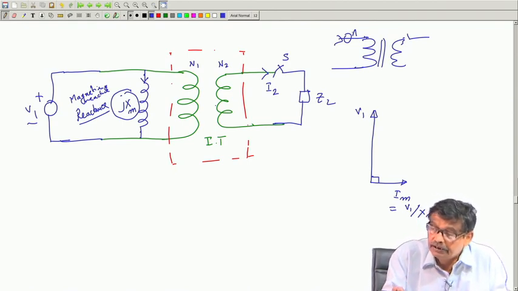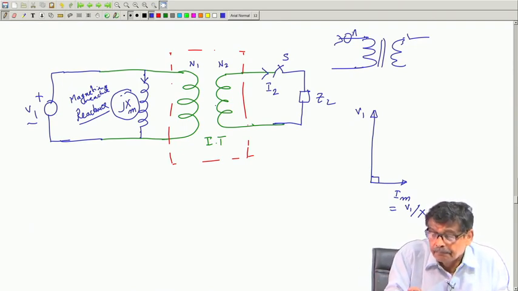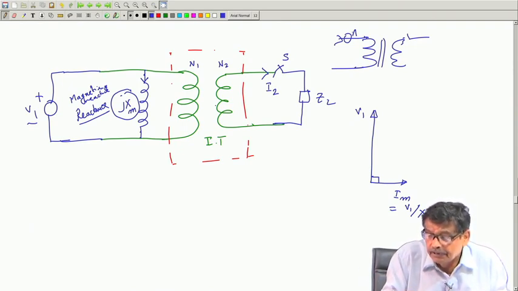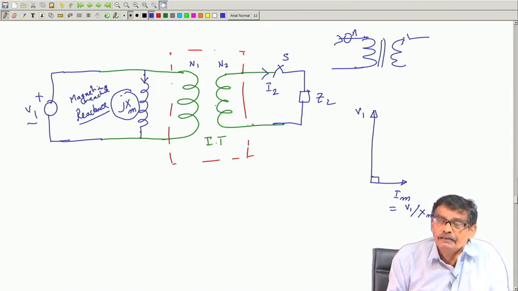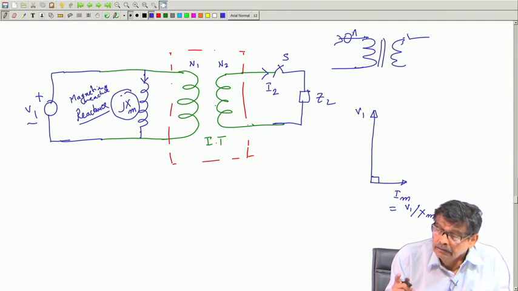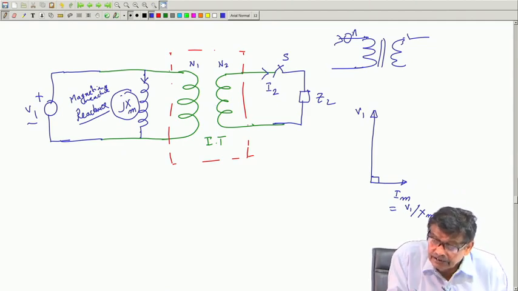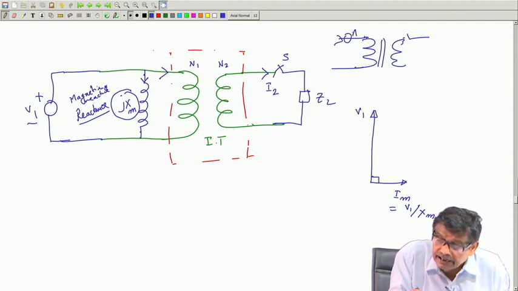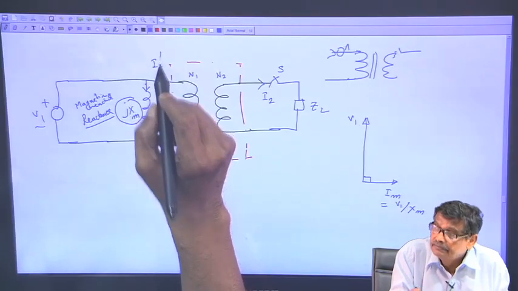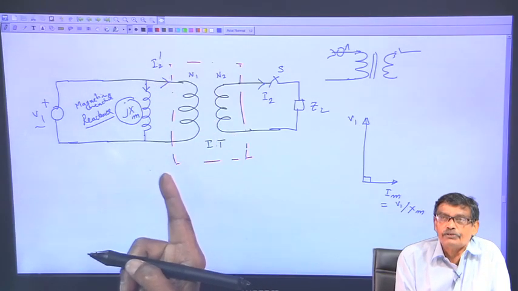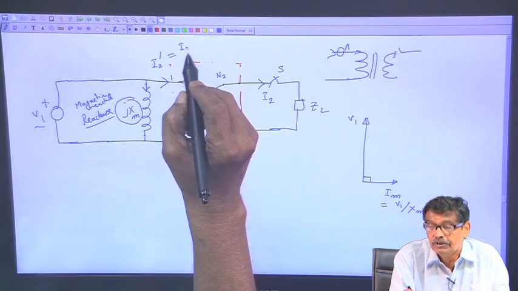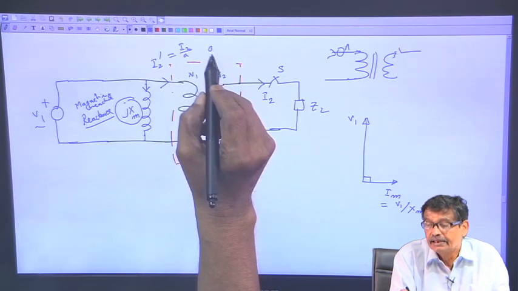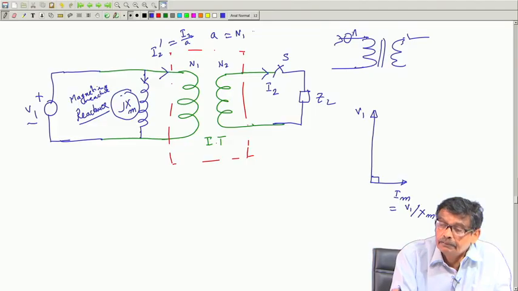And we know that even when S was opened, the current drawn from the supply was vanishingly small, zero. But when I close it, this current has to be I2 dashed, because it is an ideal transformer. We have spent so much time on that, and this is equal to I2 by A, where A is N1 by N2.